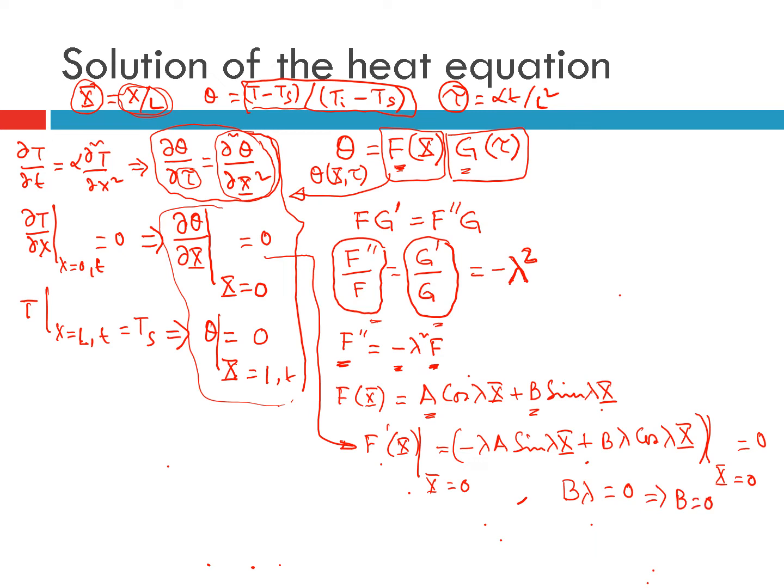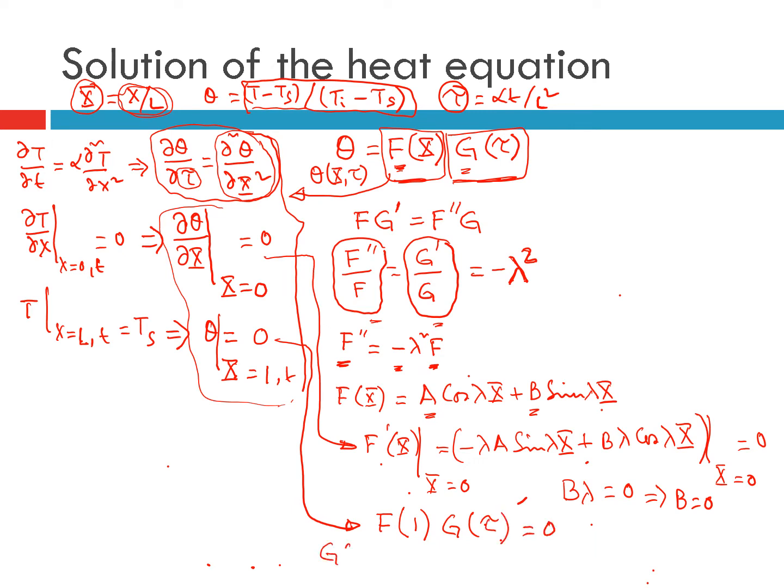So now I want to use this boundary condition, and that says f of X is, by the way, if I start from theta, then I will write f, since theta is the multiplication of f and g, so theta is f at 1 times g at any time tau, this is equal to 0.